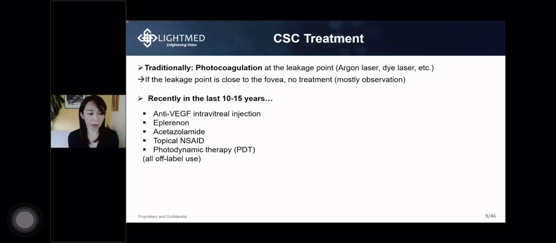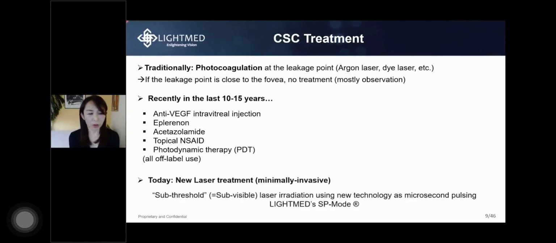I will explain about this medication a little more in detail later on. Or sometimes eye drops with NSAID. And recently, the most effective, except our method, photodynamic therapy, has also been reported very often. But all of them are off-label use.